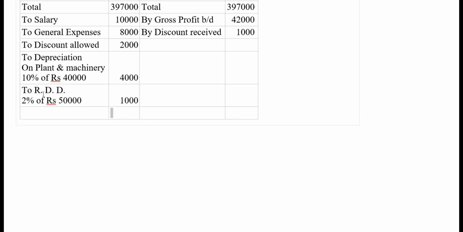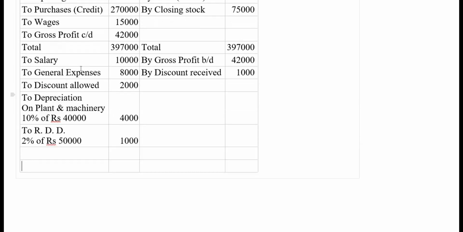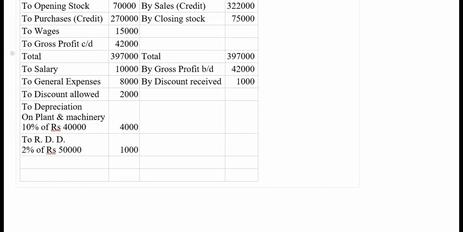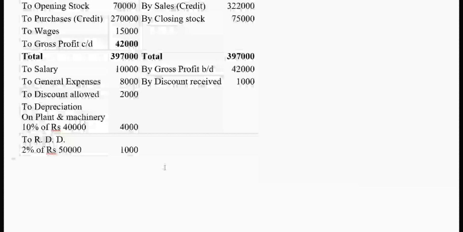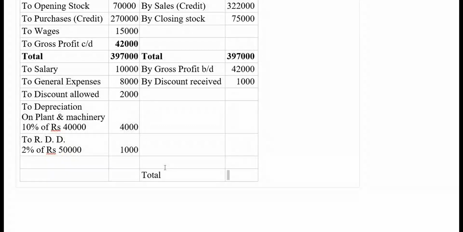Now let's take the total here. Let's leave a line here. When you make the comparison here, let me bold it so that it will not be counted into the total. Here the credit side is more, so the total comes to 43,000. Let me write down 43,000 here also.